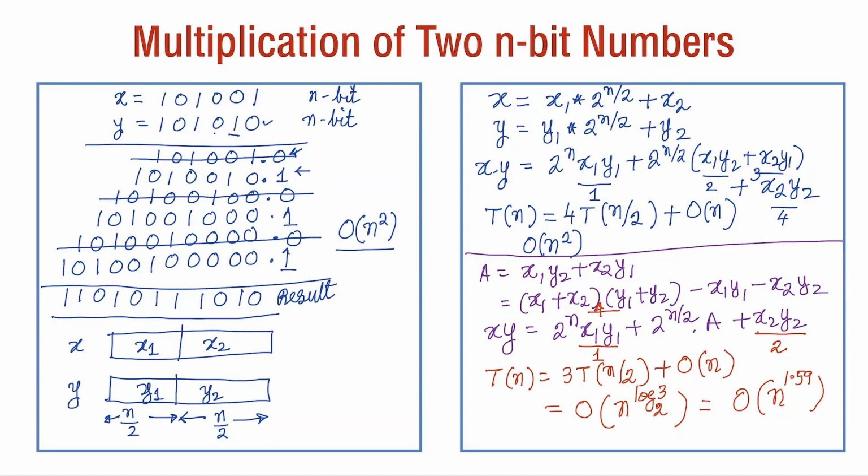So now we see that we have used the idea of optimizing the split in such a way that we are able to minimize the number of actual subproblems created. What we have done is we have created only 3 subproblems instead of 4, and by creating 3 subproblems and reusing the result by a simple trick, we have now been able to reduce the complexity.